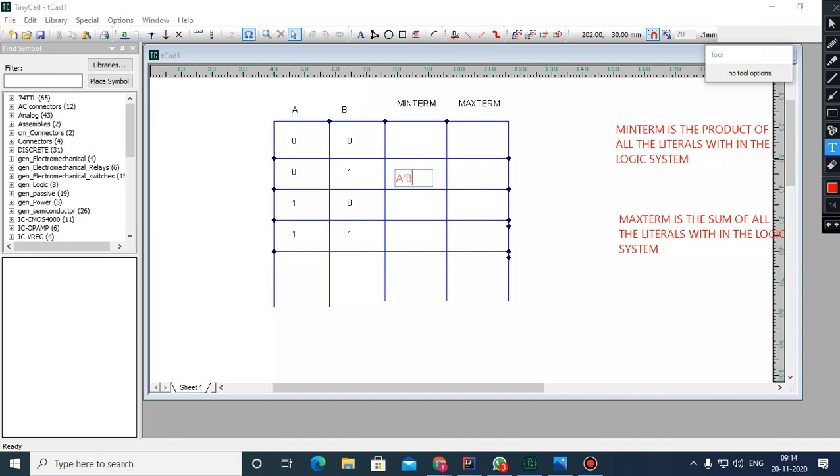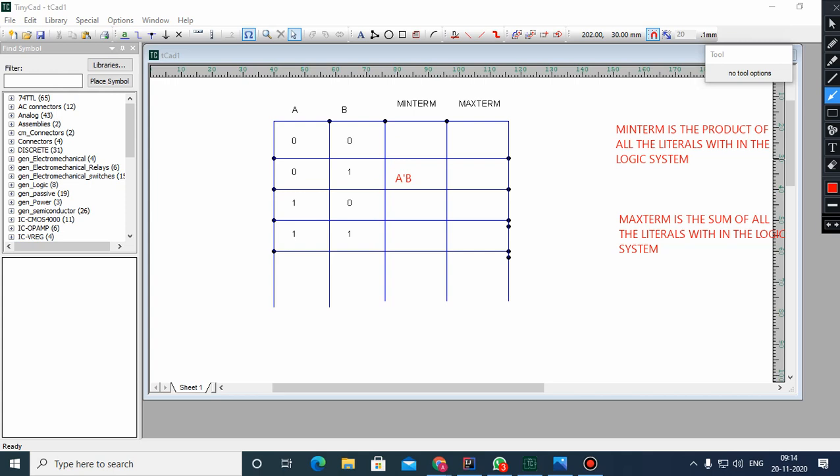If we talk about this cell, this row, the values are 0, meaning A complement, and 1, meaning B. That's why I am writing here A complement B.